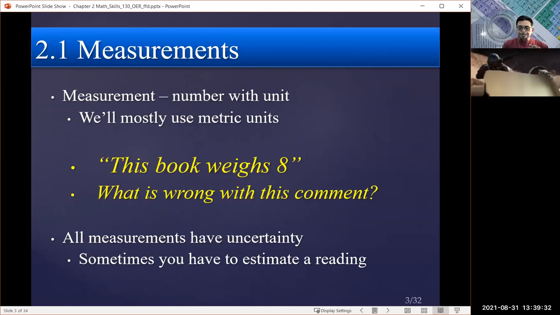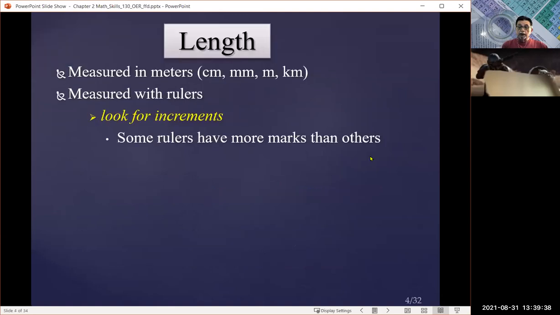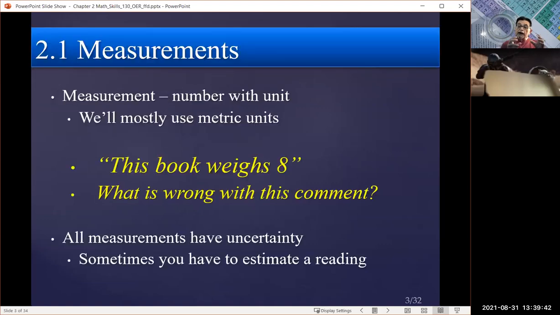Okay. And what we end up doing is estimating that last number. Now, what that means overall is this: your answer should never be more accurate than the least accurate measurement that you collected your data from.